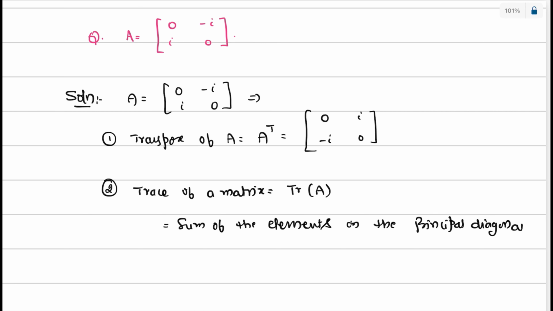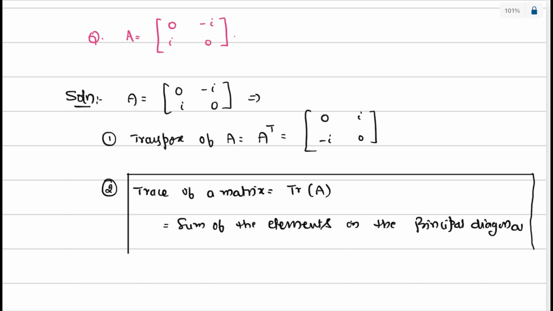Please remember this. Trace of a matrix can be asked either in the JEE Mains or Maths Olympiad. They may give some 3x3 matrix or 4x4 matrix and ask you to find the trace of the matrix. Trace is nothing but the sum of the elements in the principal diagonal.